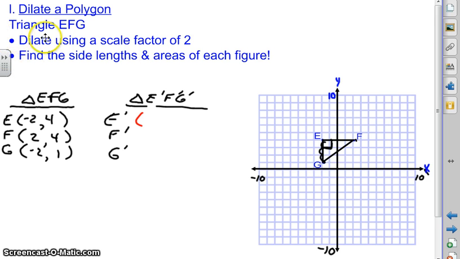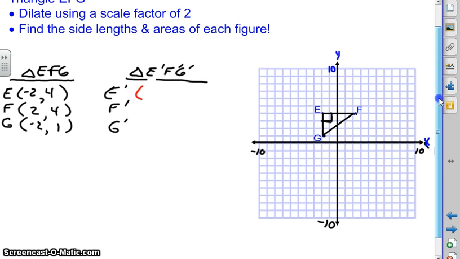We're going to dilate it using a scale factor of 2. And then we're going to find the side lengths of each triangle. And then we're also going to find the areas of each triangle. Okay? So pause and come back when you're ready to move forward here.